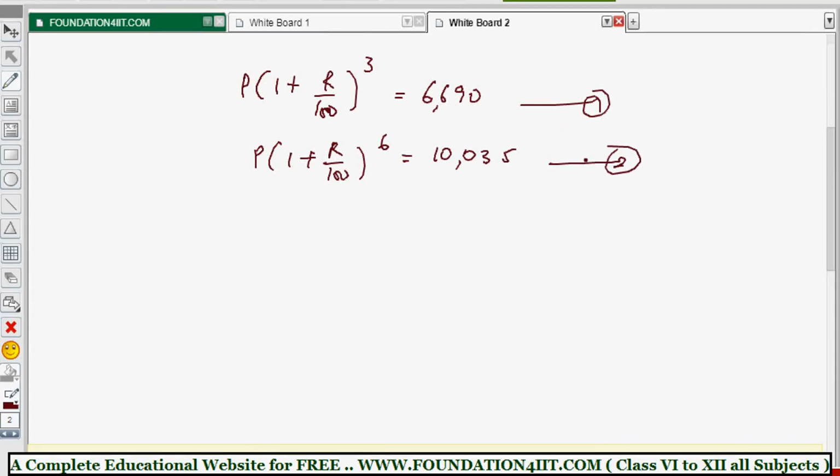Using these two equations you need to solve. I am dividing the second equation by the first because I need to get some cancellations.